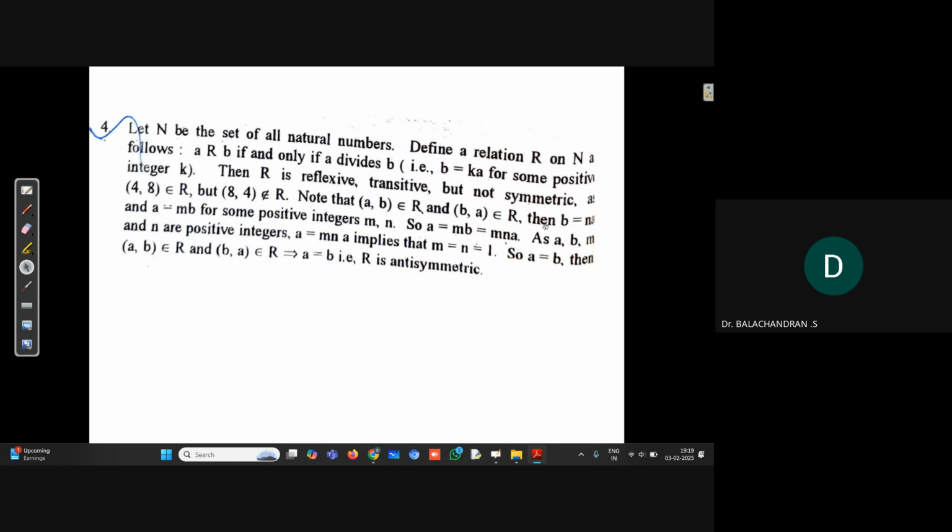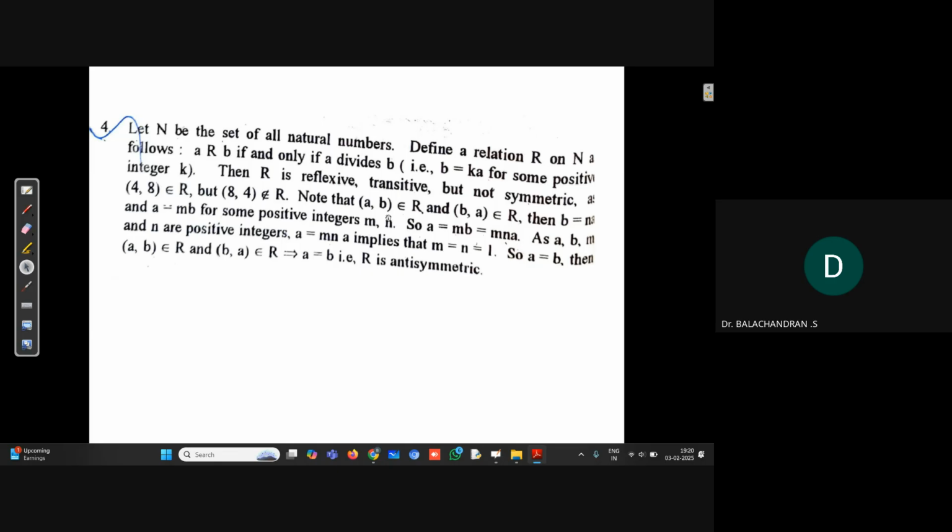And also we should assume b is related to a, or (b, a) belongs to R. From this, b related to a means b divides a, so a = mb for some integers m and n. So from this, a = mb. But we know that b is na, so a = mna.